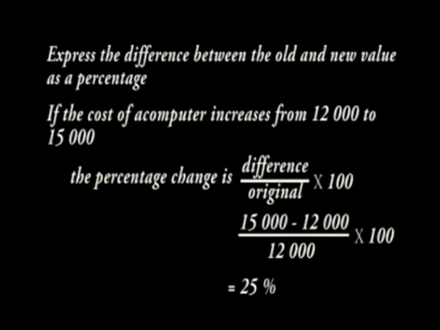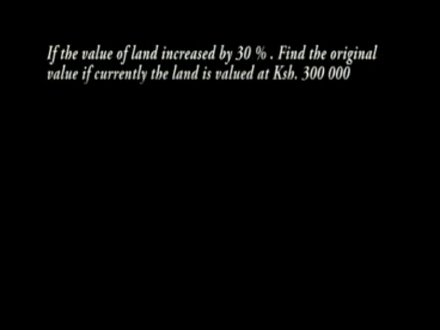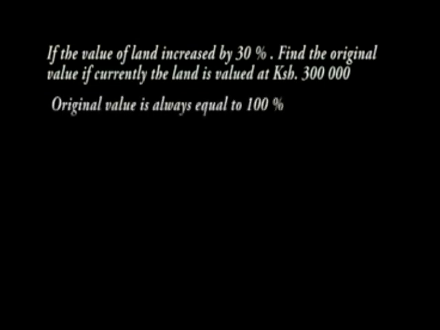A real-life example. If the value of land increased by 30%, find the original value if currently the land is valued at 300,000. Note that the original value is always equal to 100%. If the land increased by 30% to 300,000, it means that 300,000 is equal to 130%.